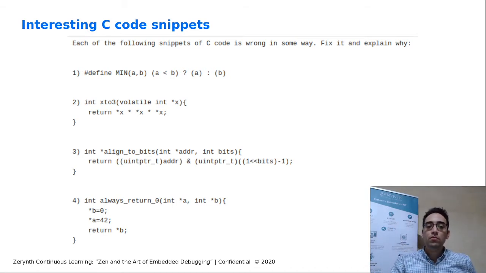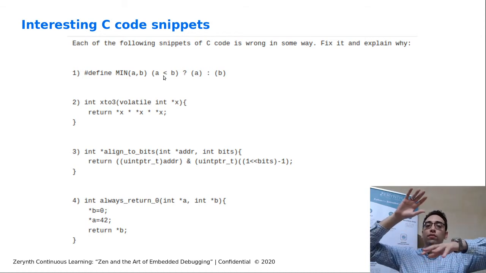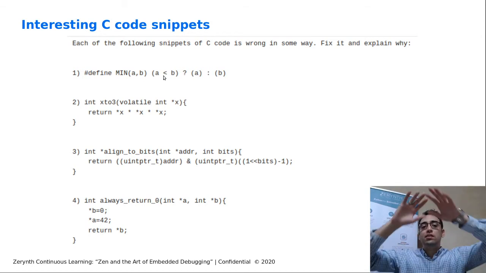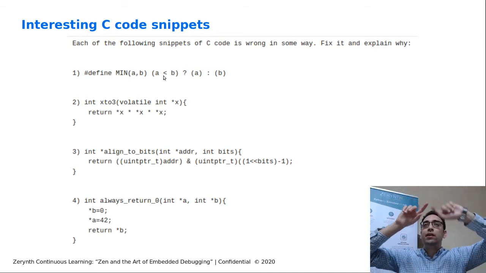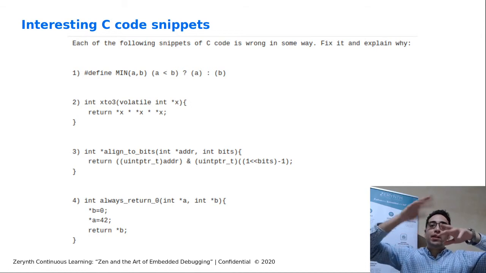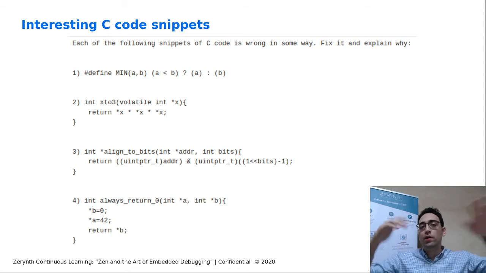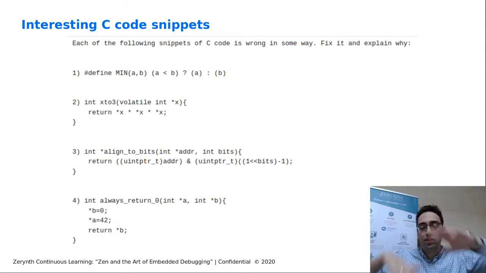So since we are using this operator, which is less than, this operator has an order of operations. So in C, there is an order of operations that basically is the parentheses and then the square brackets. And there is a list of operations that should be executed before each other. The brackets before the power, and the power before the multiplication, and all of that stuff.